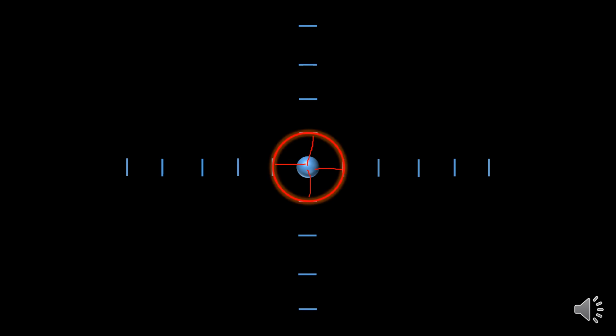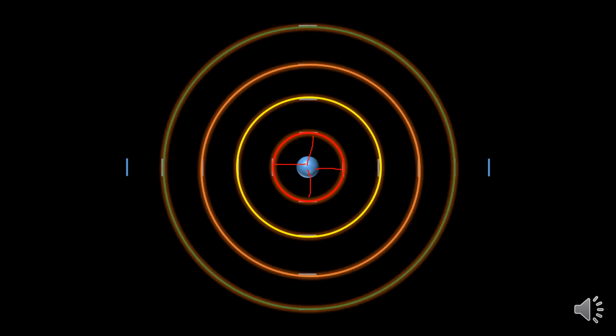Let us first consider the equipotential surface, but in two dimensions. Suppose the distance is r1, here I have r1, r1 and r1. So the first equipotential surface should be like this, then second, third, fourth. So in two dimensions we can see this shape of equipotential surface, circular we may say.